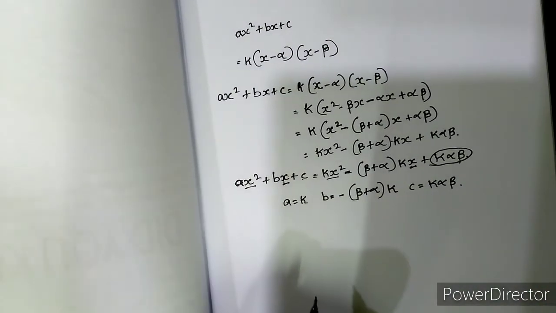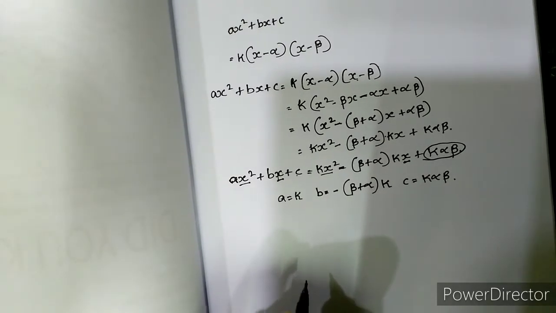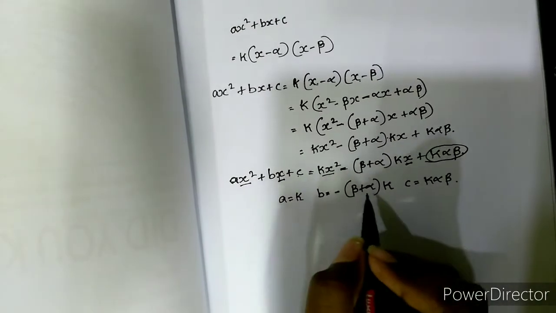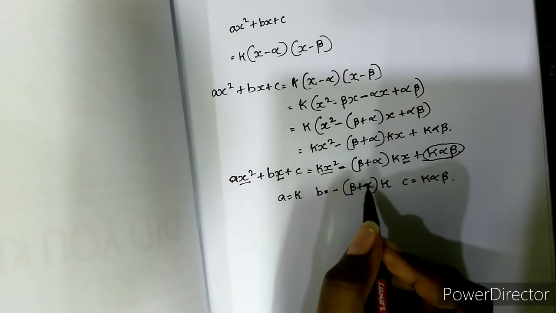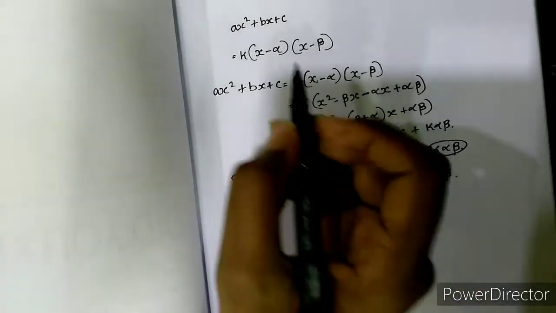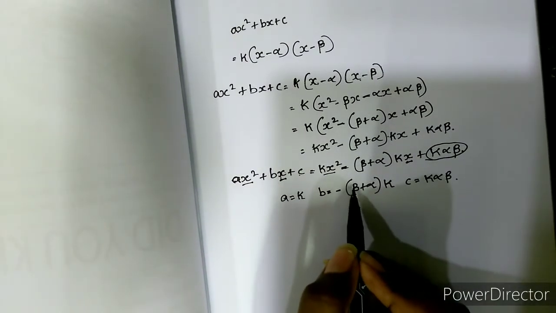Now, coming to the sum of the zeros, that is alpha plus beta. From this b we can derive the sum of the zeros. Here b is equal to minus of beta plus alpha k. The zeros of this polynomial are alpha and beta, so the sum is alpha plus beta.